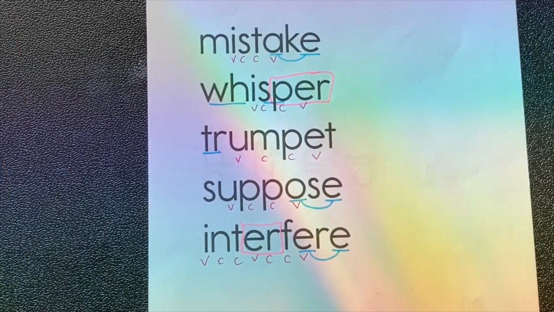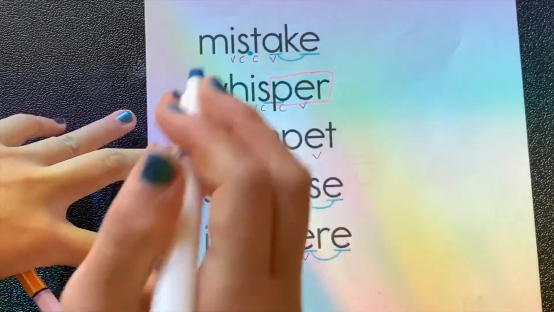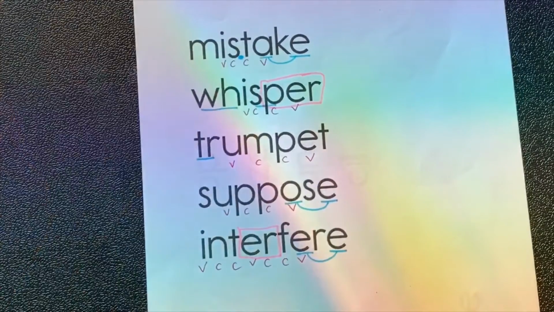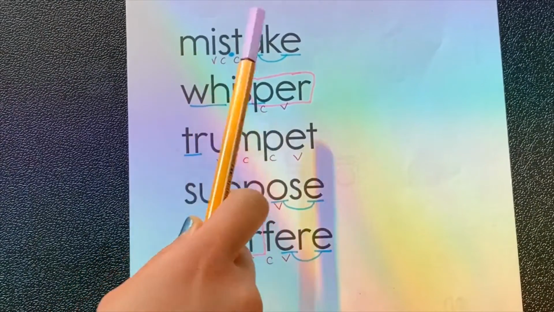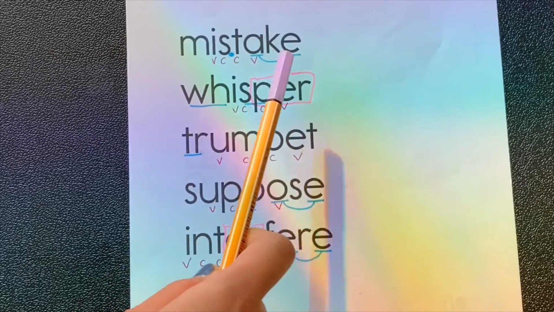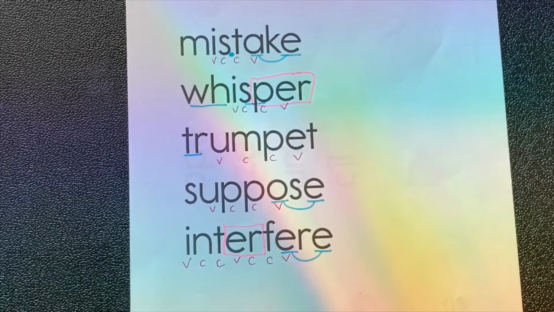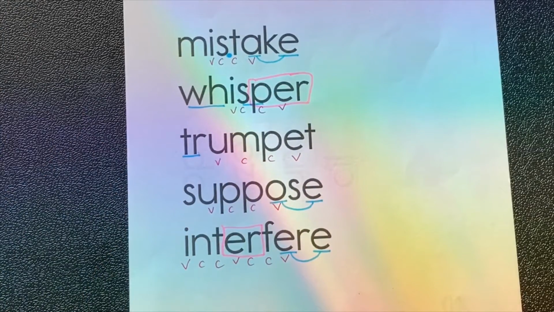So, my friends, where do we divide? Great job. We divide in between our 2 consonants. So we divide in between S and T. Great job. First syllable, miss. Second syllable, take. Ready? Try for the real word, mistake. You'll also notice that we have the final E with the long A sound. Great job. Let's keep going.